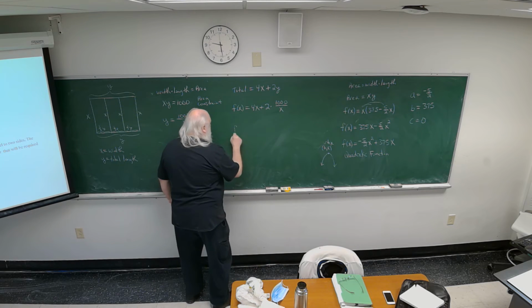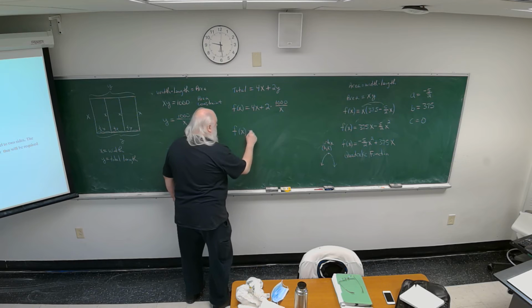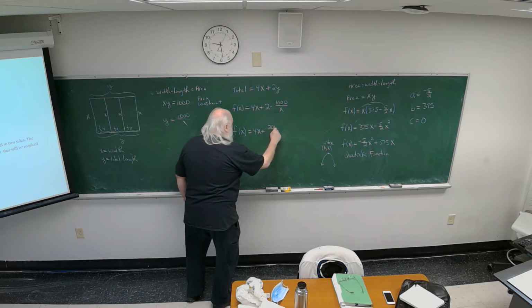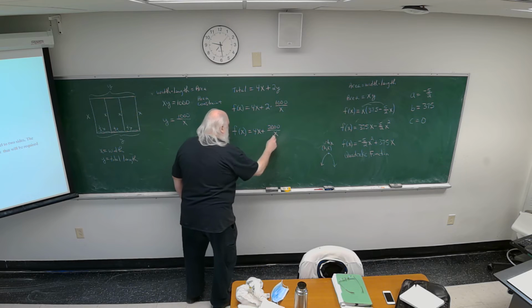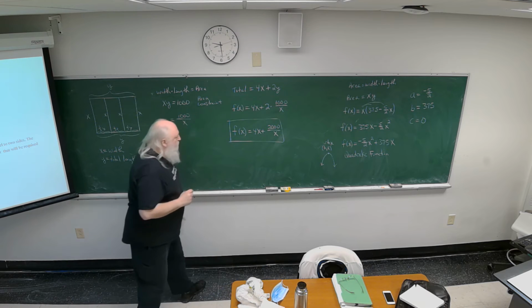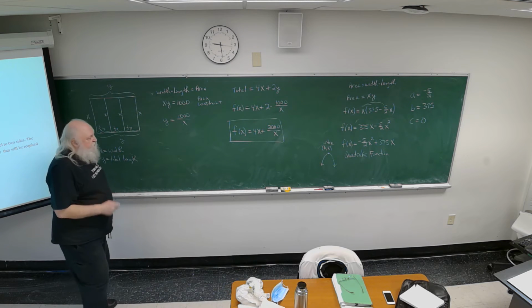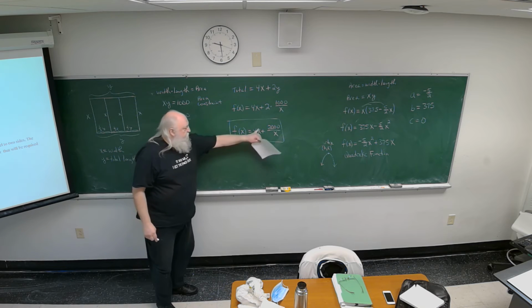And that simplifies to 4x plus 2,000 over x. So the total amount of fencing needed as a function of x, the width of the rectangular piece of land, is 4x plus 2,000 over x.